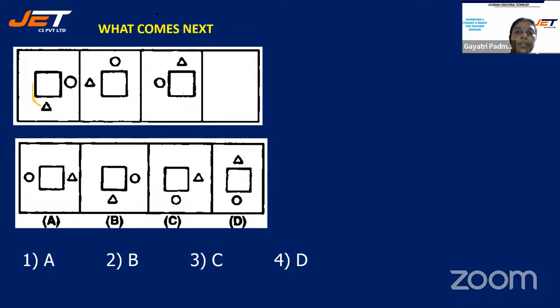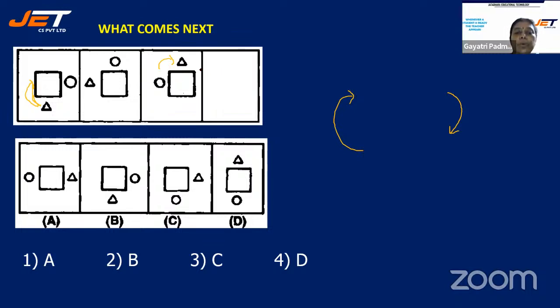So what does it mean? This is clockwise, whereas this is anti-clockwise, isn't it? Next, again, in the third screen, it moves to this side. So it means that it is clockwise. Now where will the next move be?